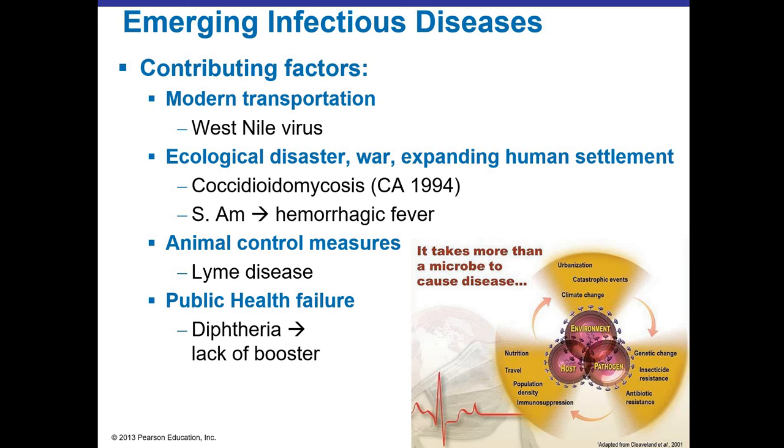Animal control. We know that the proliferation of our deer population means that Lyme disease has become prevalent on the East Coast, and also public health failure. We didn't realize with diphtheria that, similar to tetanus, we needed a booster. So we saw an emergence of diphtheria because people were no longer immune.